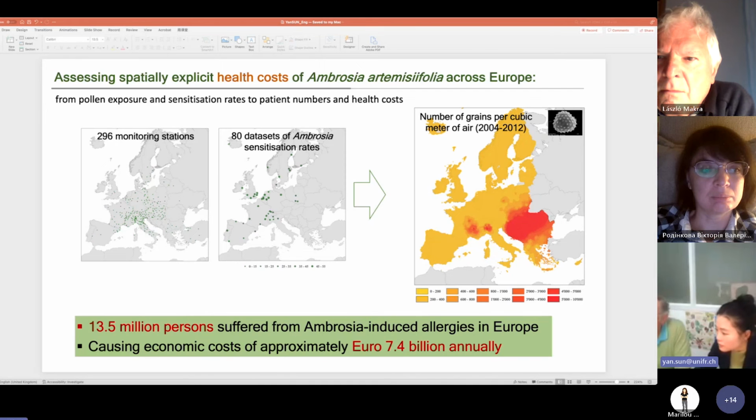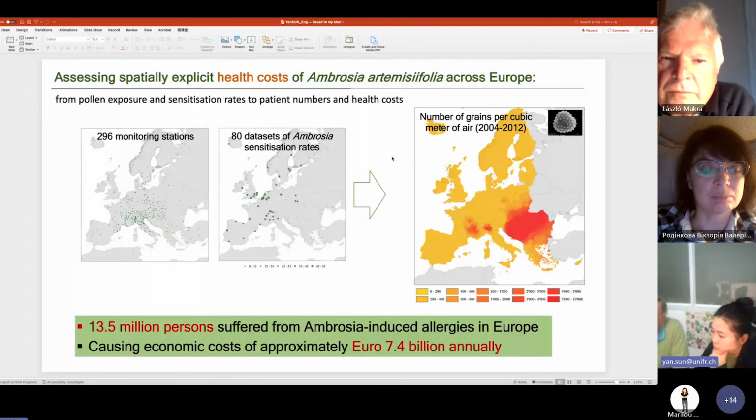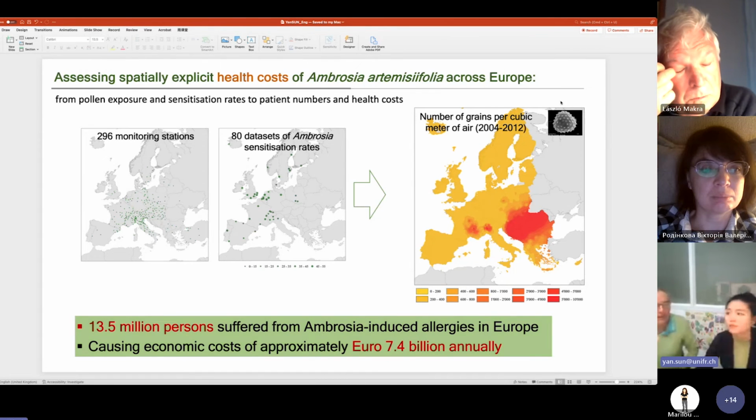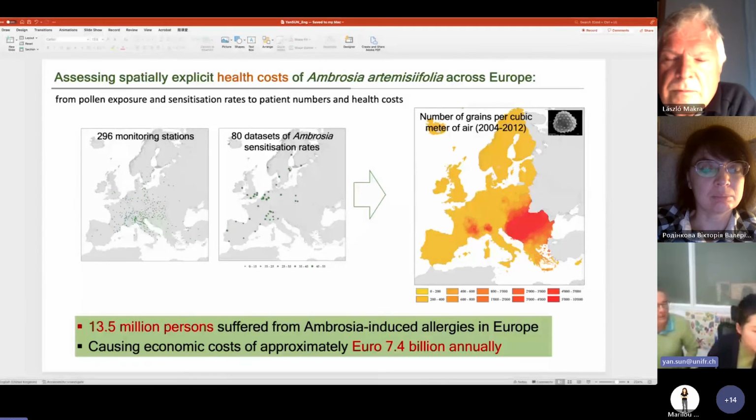And then we calculated nationally specific health costs, absences from work, medication, visits to doctors, and so on, to come up with these figures of the damage Ambrosia is causing. And then when Ophraella would reach a suitable habitat niche, as you can see, the next one shows the new map.